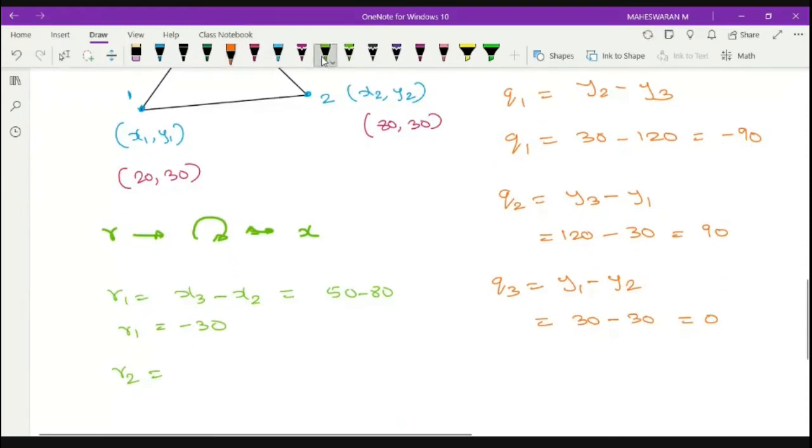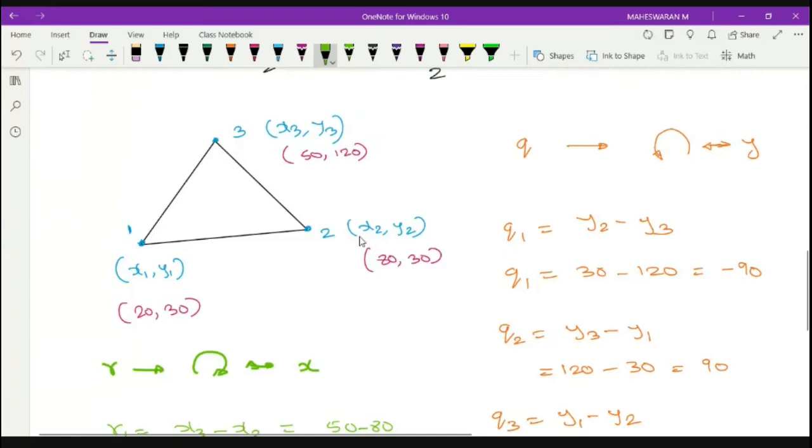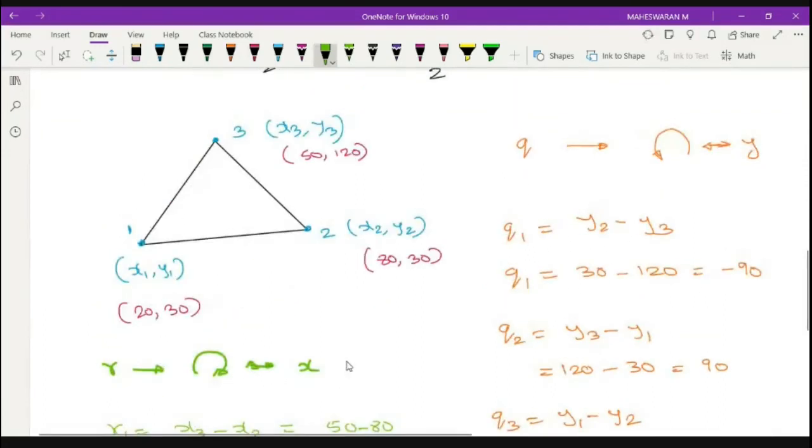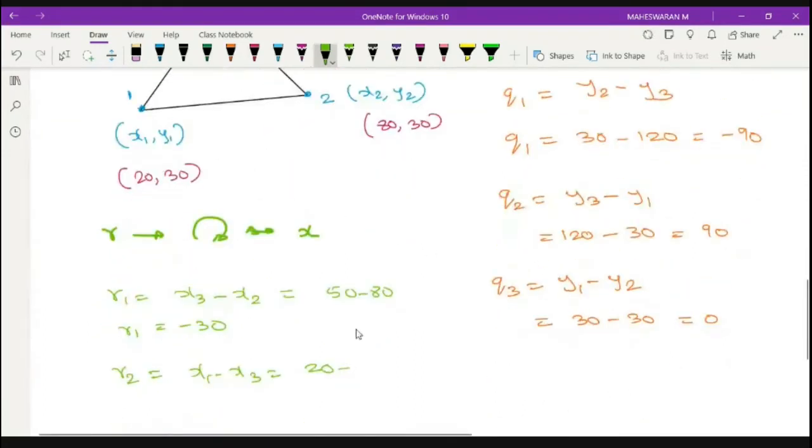What is your R2 here? R2 is moving in clockwise, so X1 and X3: X1 minus X3, so 20 minus 50, which is minus 30.